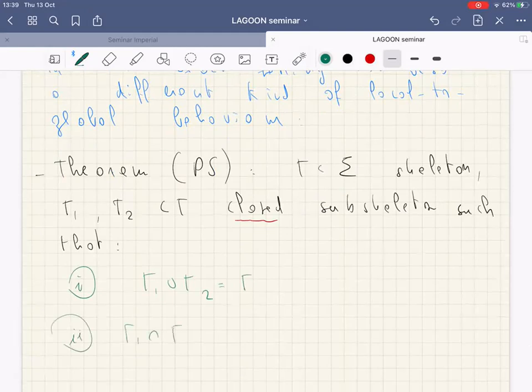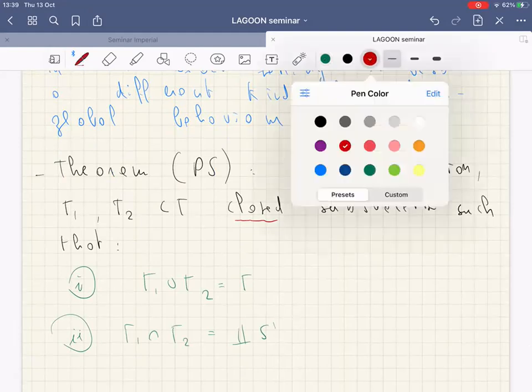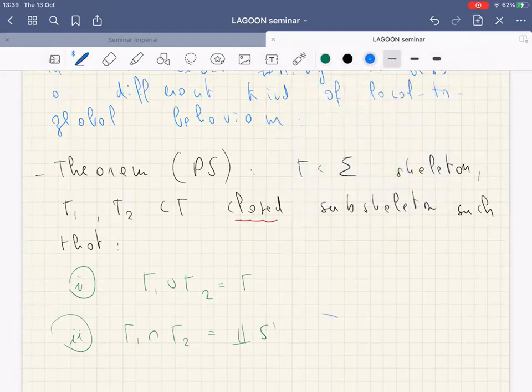and their intersection is controlled and is a disjoint union of S1s, but really what matters is that, sorry, let me draw this better, locally they look like this.